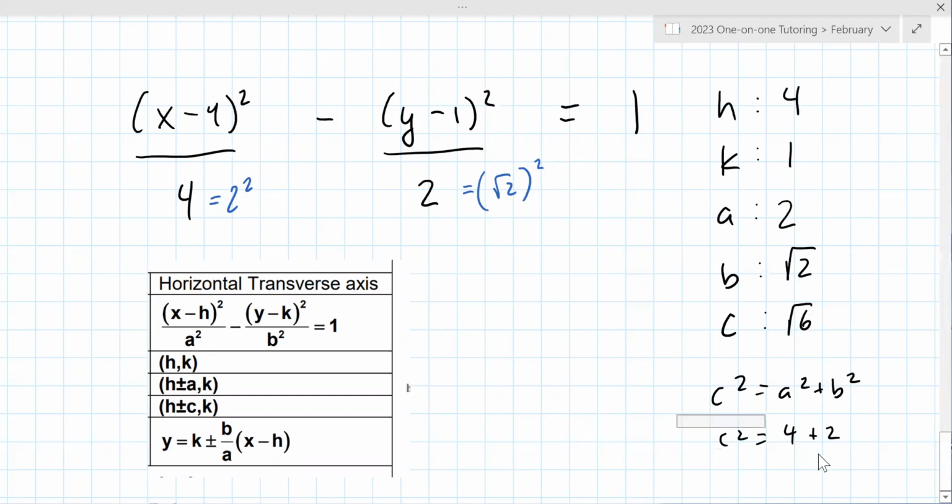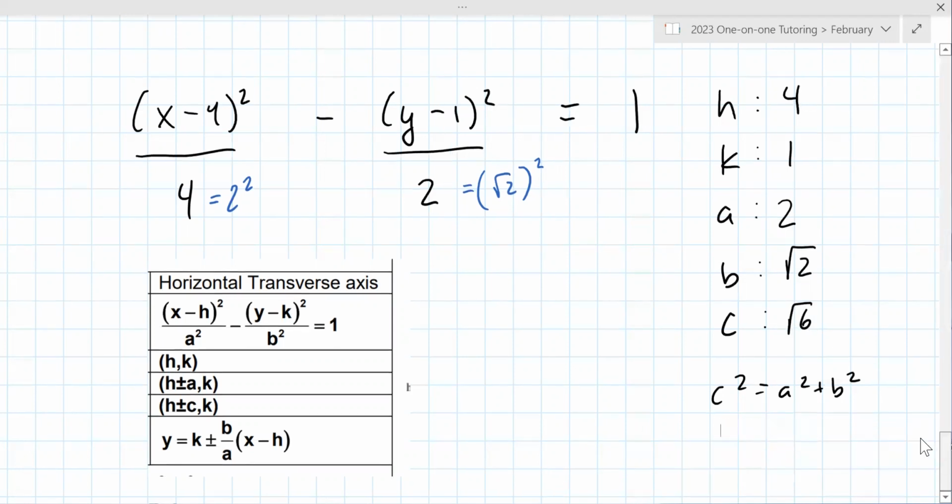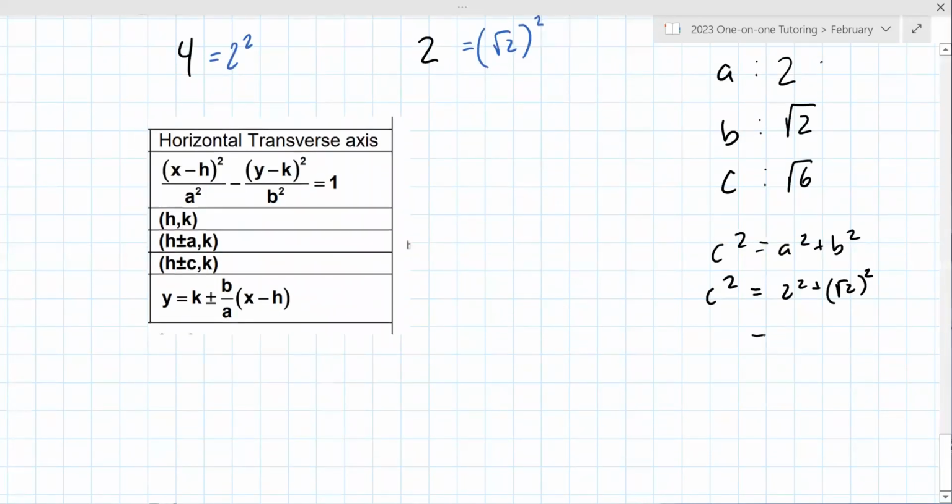Sure. Sorry, I'm skipping steps here. I shouldn't do that. So it's 2 squared plus the square root of 2 squared. Just using the A and the B values in here. So 2 squared is 4. Square root of 2 squared is 2. This is 6. Take a square root of both sides. Okay. C equals the square root of 6.